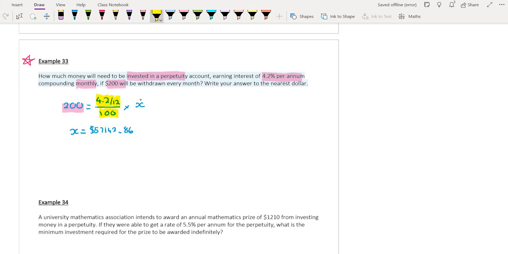So we put it over 100 times an unknown number, the original amount this perpetuity is on. If we do it this way and do a CAS solve, it gives us this value. This is how much you need to invest into a perpetuity to get $200 monthly, given this interest rate.